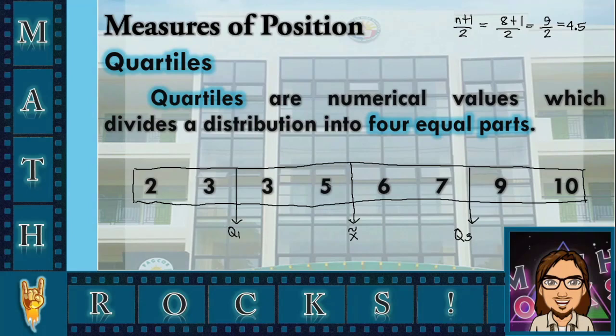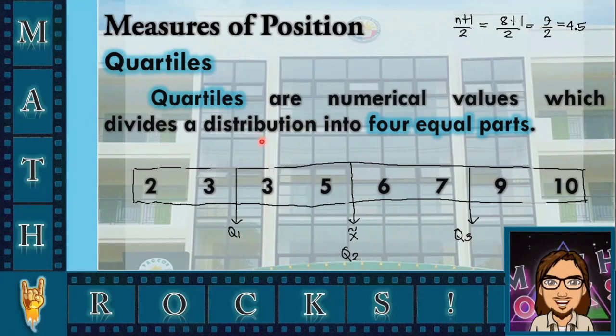So as you can see, if this is the first value pertaining to the quartiles, this would be the second value, and this will be the third value. These are said to be the three numerical values that divide the distribution into 4 equal parts.